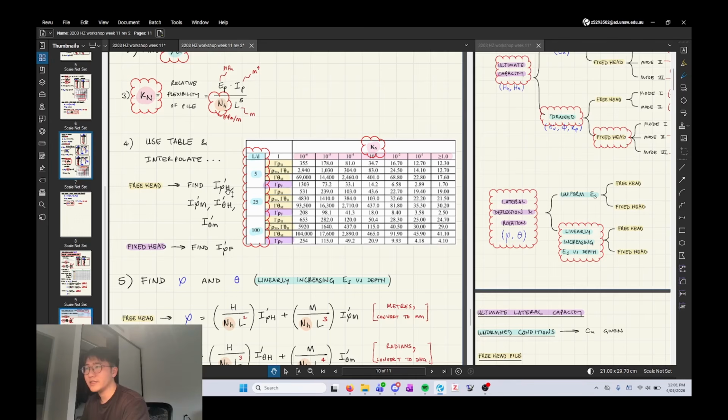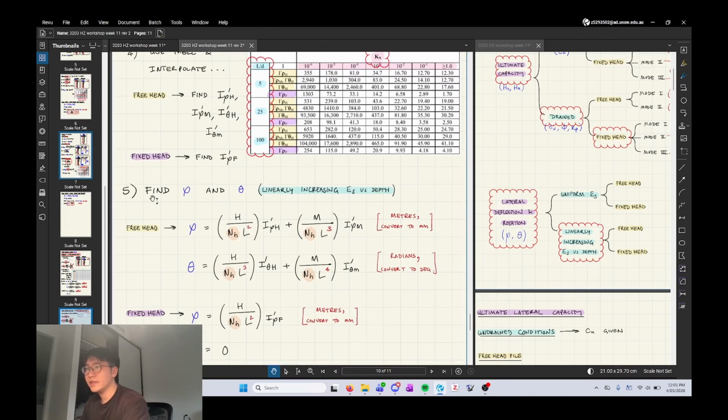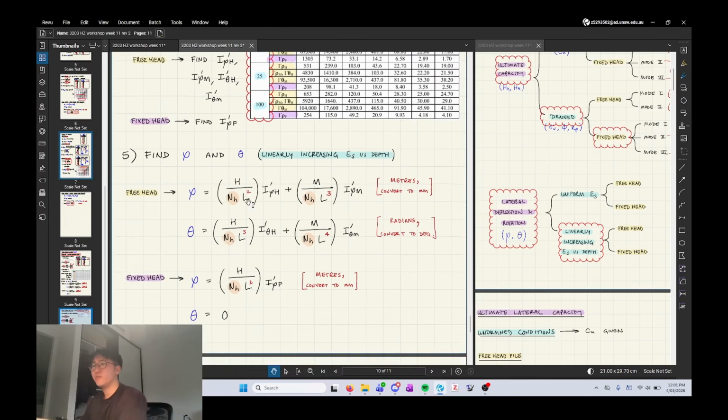So all of these have a dash in them, right? So it's like influence factor or whatever, right? So I for influence, and then dash, and then whatever. You're going to find all these values. And then you do the same step at the end, except now, before, all the powers for L were less by 1, so it was 1, 2, 2, 3.